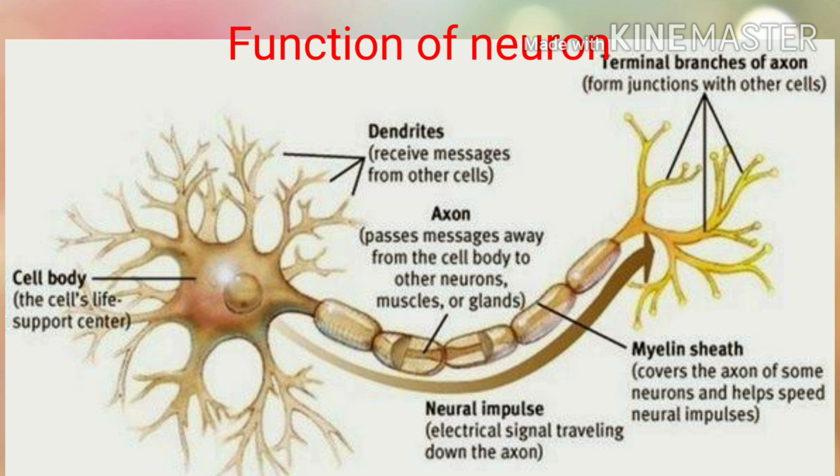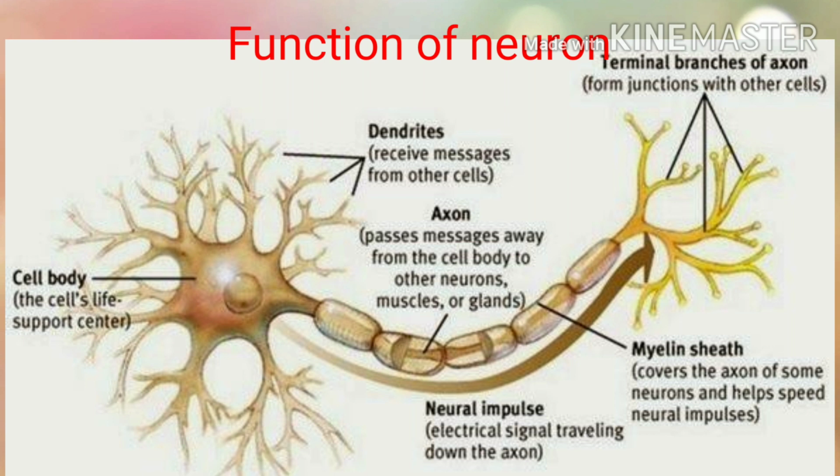Here, dendrites receive the stimulus or messages. Dendrons carry those signals to the cell body. The axon carries those messages from the cell body to the axon terminals, or the nerve endings.